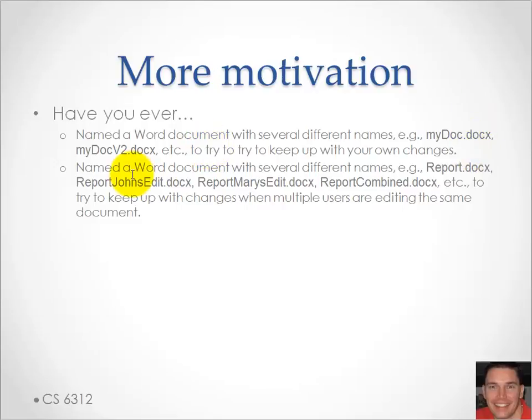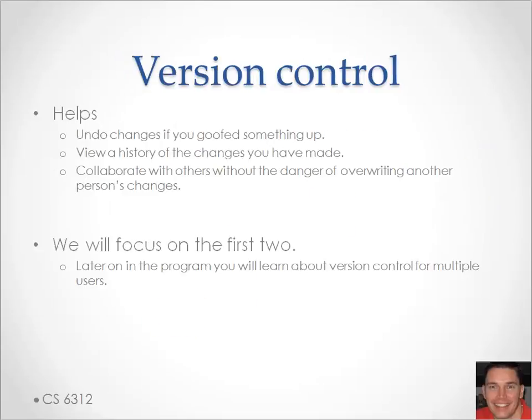For example, MyDoc, MyDoc version 2, MyDoc version 3, maybe used dates, so MyDoc 2/22/12, or if you've been working on some type of document with several different people, you may then come up with a naming scheme, something like report, report John's edits, report Mary's edits, report combined, where you're then trying to manage all these different versions of this document to help you keep up with the changes and then integrate them into one single document. So this is where version control comes in.